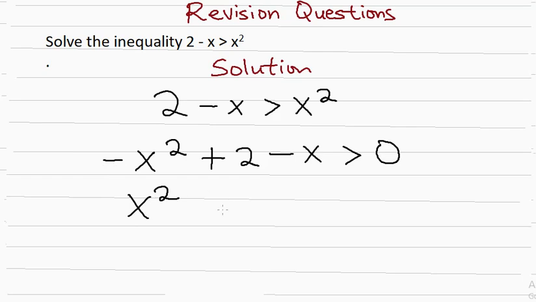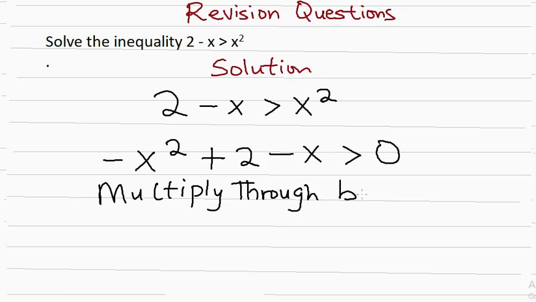Okay, let me write that down. So let's look at what we are doing here. Multiply through by minus 1. So minus 1 into x squared gives me x squared. Minus 1 into plus 2 gives me minus 2.